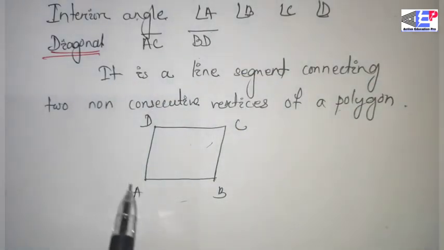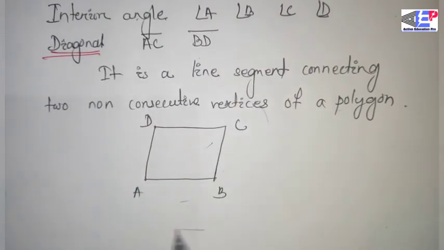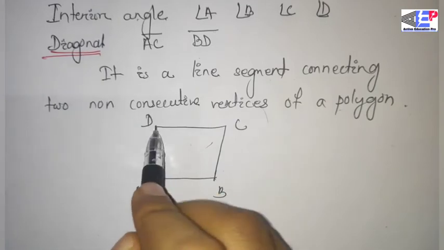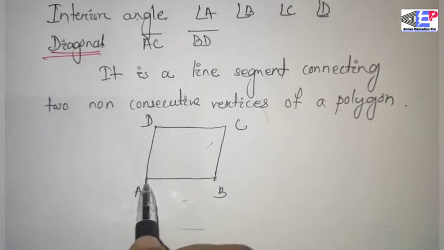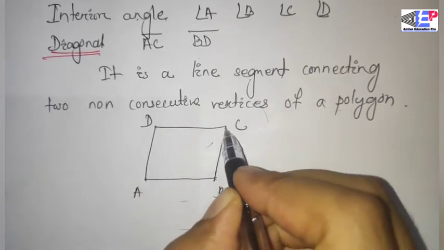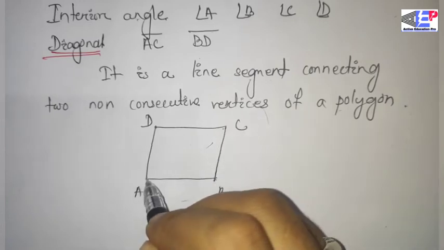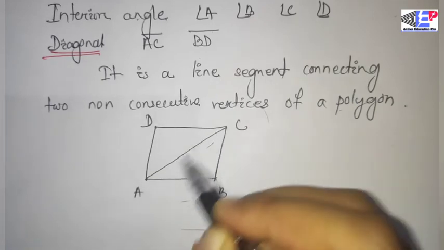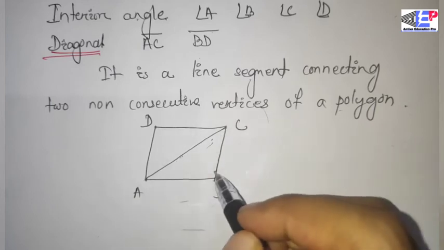If you move clockwise, the consecutive vertex of A is D. So both B and D are consecutive vertices of A, but C is the non-consecutive vertex. If we join these two vertices, a line segment is formed, and this line is known as the diagonal of this quadrilateral.